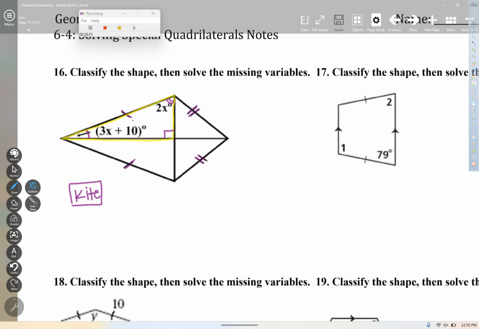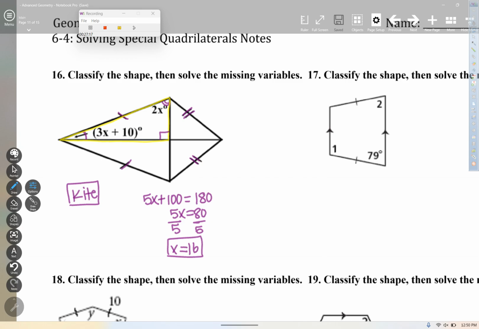So 3x plus 2x is 5x plus 10 plus 90 is 100, and that's equal to 180. And then we'll subtract 100, and we divide by 5, and we get x is 16. Okay? That's how you do that one, and that's all there is to it.